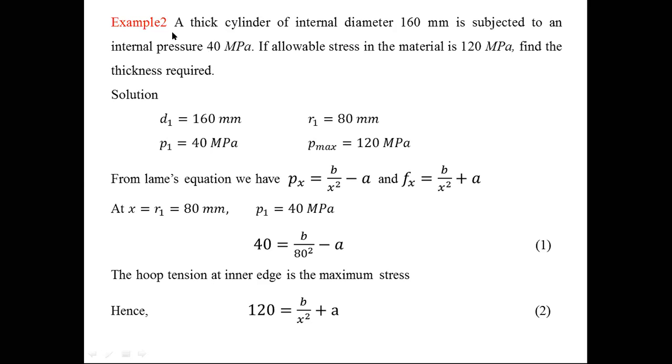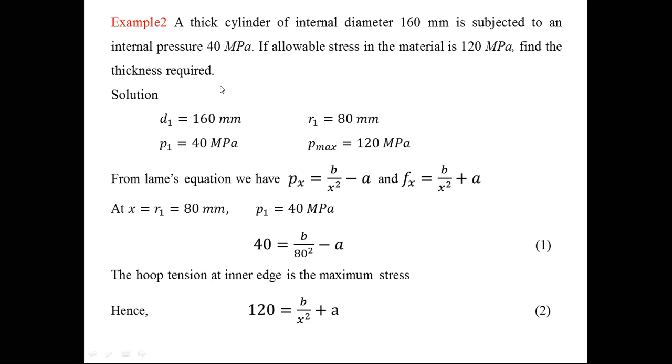Okay, right. So I will complete this problem and stop. A thick cylinder of internal diameter 160 mm is subjected to an internal pressure of 40 MPa, and the allowable stress in the material, that is the safe stress in the material, is given as 120 MPa.